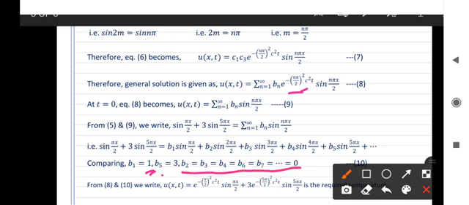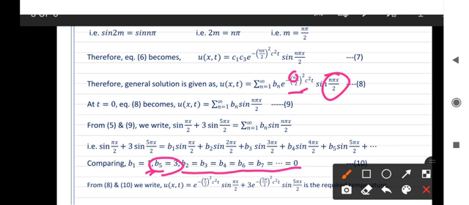So we can write only for the one more term, that is b5. So b5, that is 3. So we get the second term as 3 e raised to minus, now here n will become 5, [5 pi by 2] square c square t sin n pi x by 2 will become sin 5 pi x by 2.